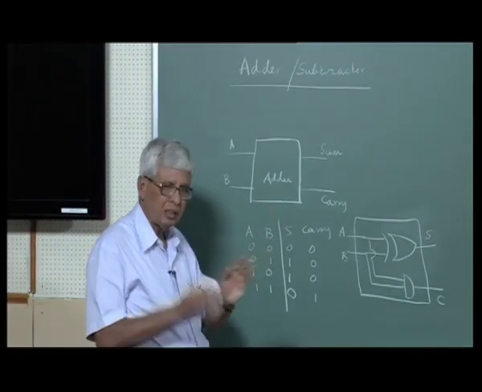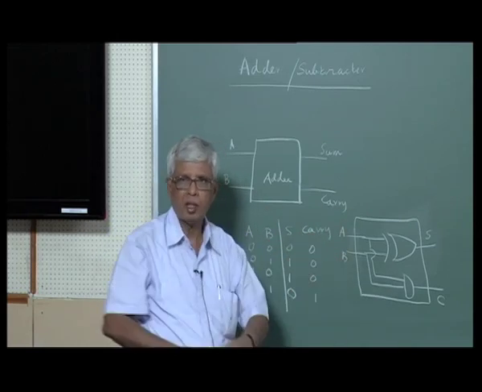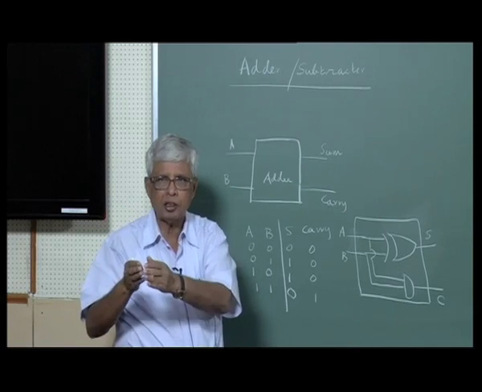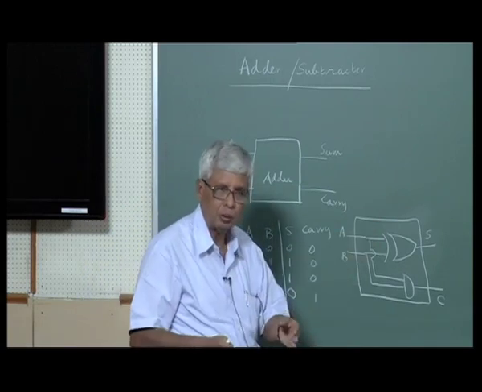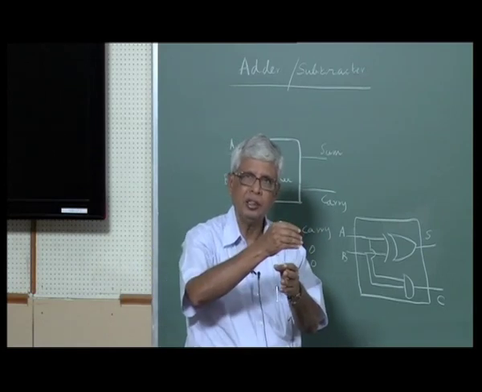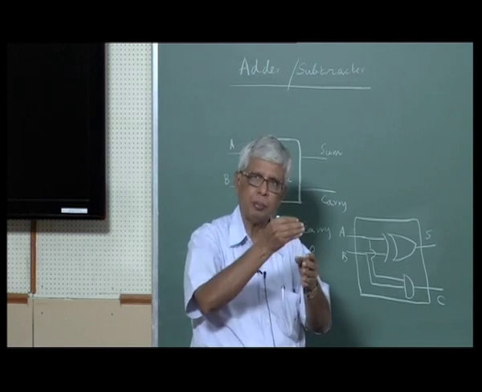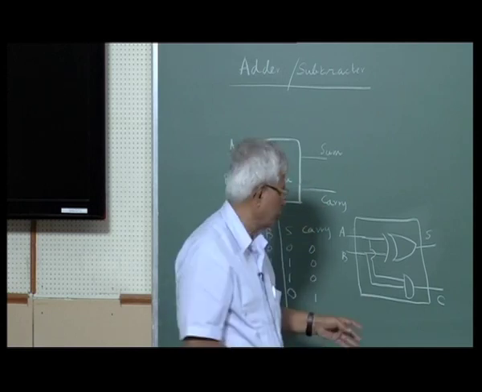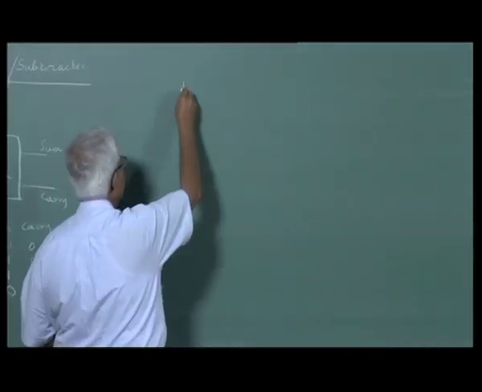If I am adding bit after bit after bit, the carry from one position has to be fed into the next position. That is what happens in our decimal system also. You have a carry from one position, it goes to the next position. Carry from that goes to the next position. So carry has to be propagated. So I need another input called carry in.